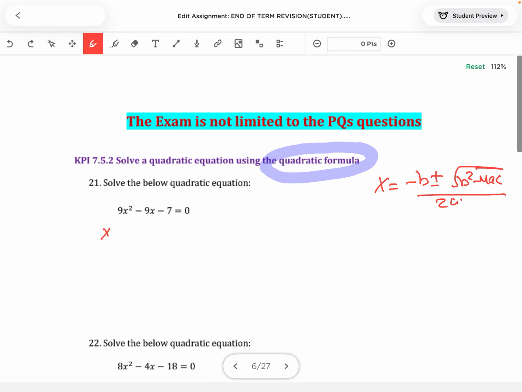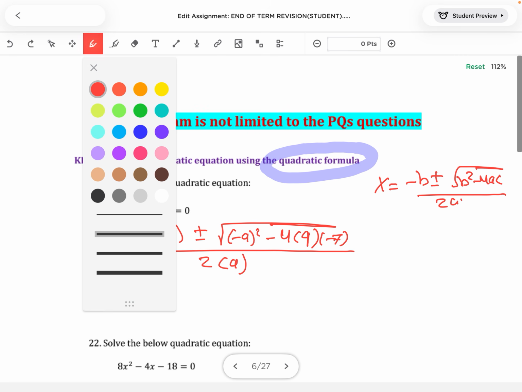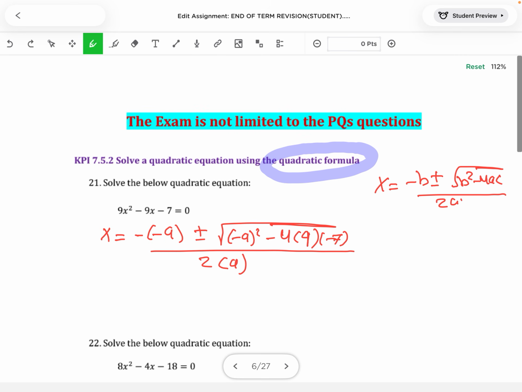So it will be x equals minus negative 9 plus or minus the square root of negative 9 squared minus 4 times 9 times negative 7, all over 2 times 9. And we said be smart, do not waste your time. Use your calculator.